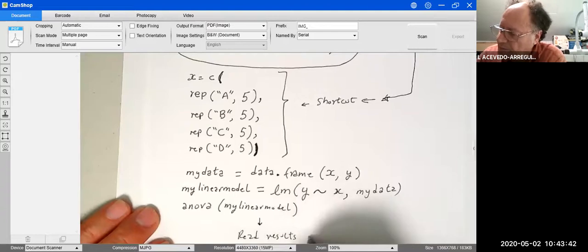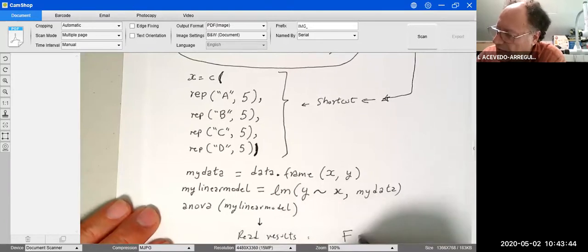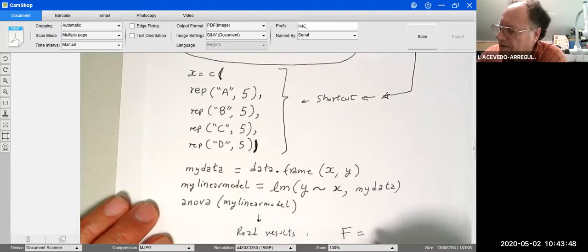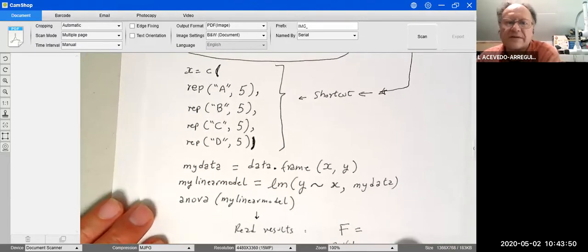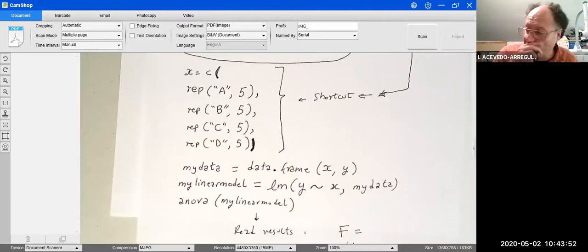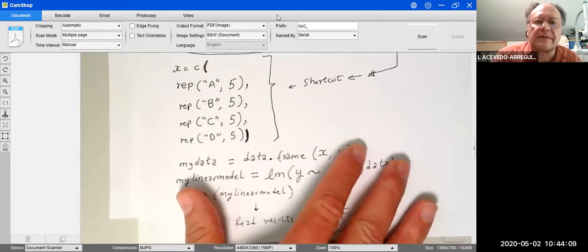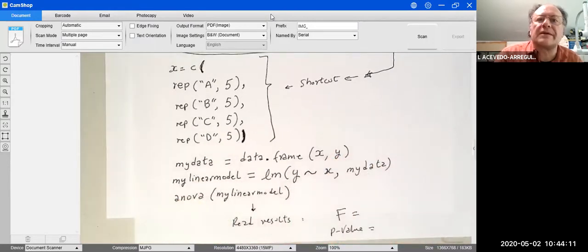Especially you're going to copy the values for F, and if you want you can use the p-value, but it's very just working with F. So let's see. I'm going to enter all this information into R now, so you're going to see just the difference. So let's move on to R now. So I have here this information to be entered into R.